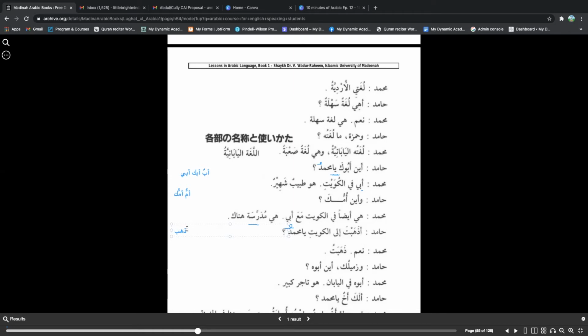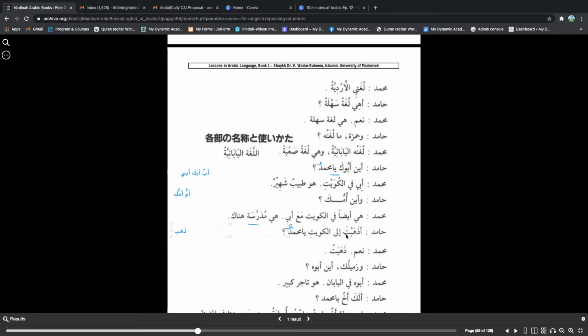So instead of dhahaba, it becomes dhahab, and then you add the person that you're addressing, the mukhatab, and the mukhatab here is you, masculine. So you add a ta with a fatha. Ta with a fatha will mean you.